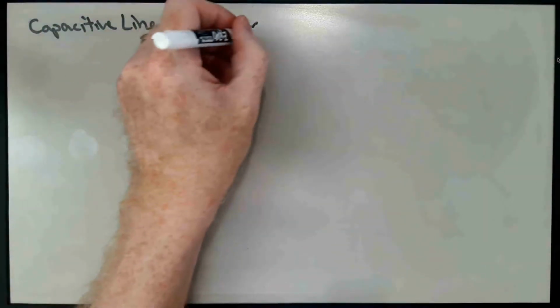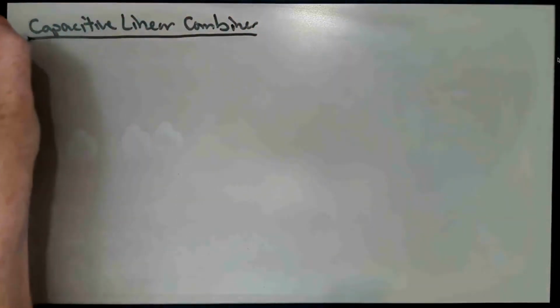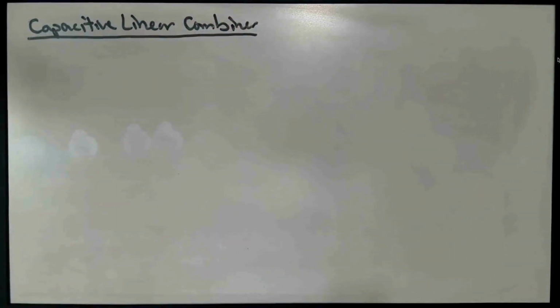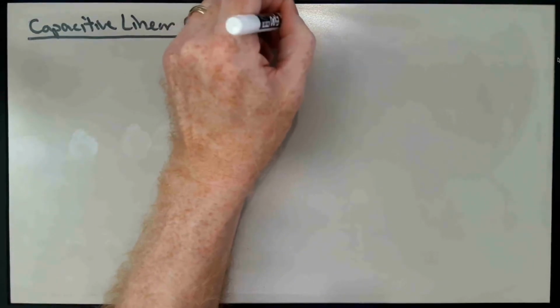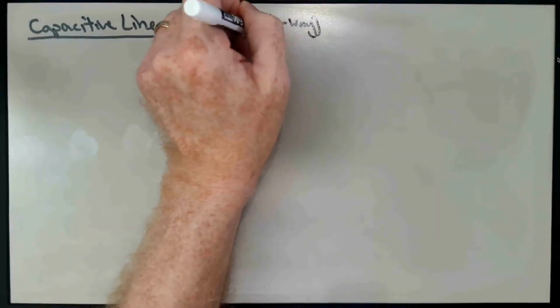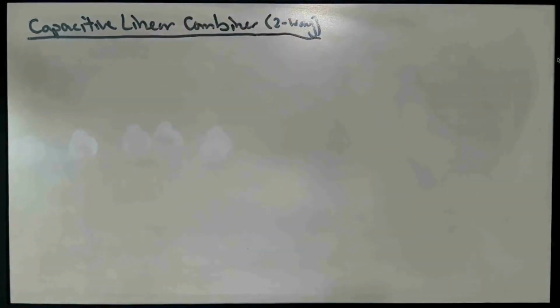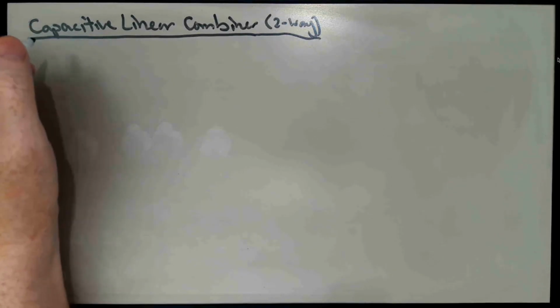And then we're going to specialize that into a capacitive voltage divider. So we're going to consider a two-way capacitive linear combiner for just the simplicity of the situation here. You can obviously generalize this to an n-way.